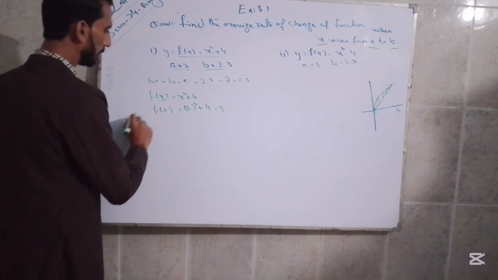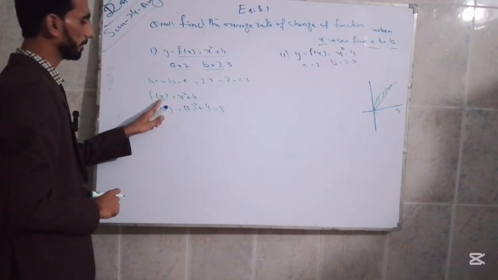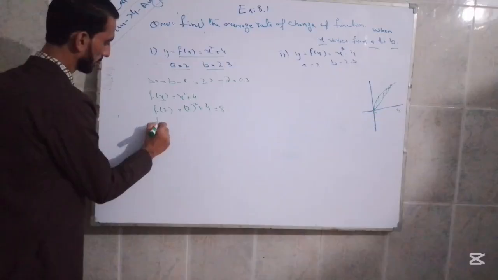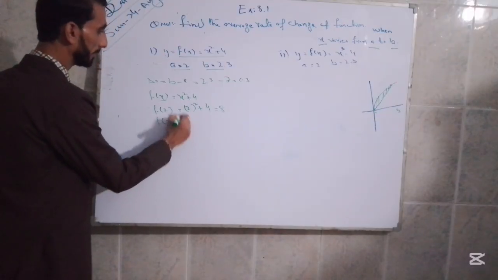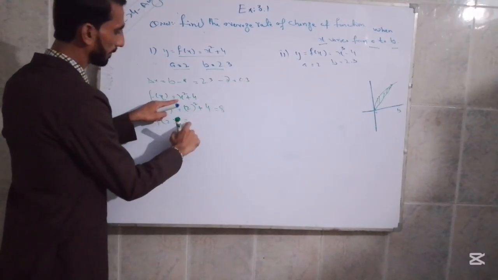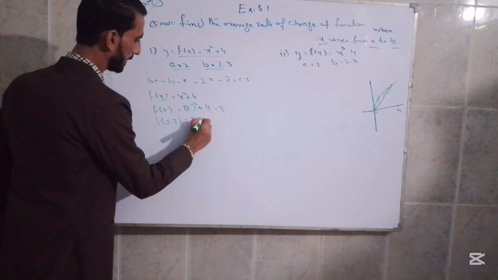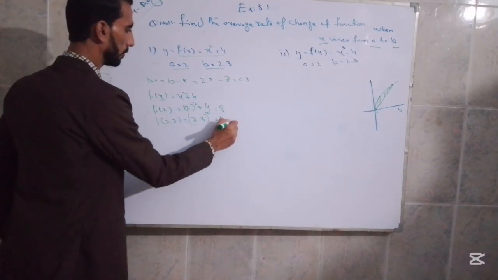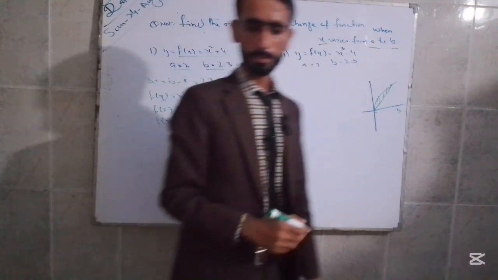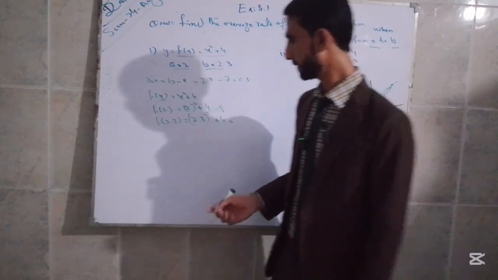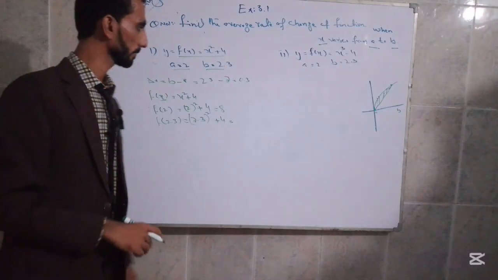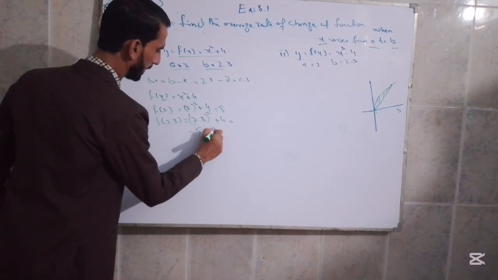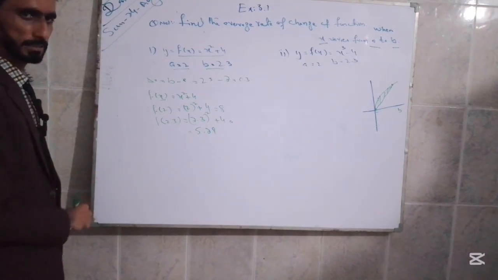Okay, well done. Now in the place of x we put the value of b. It means 2.3, f of 2.3. In this place we put the value of b, 2.3 whole square, plus 4. Now 2.3 square is equal to 5.29, okay, am I right?